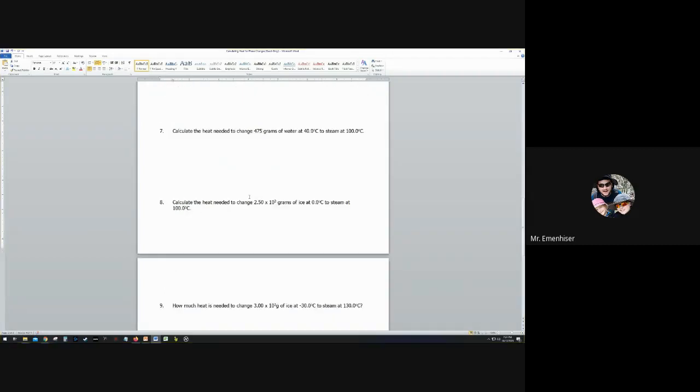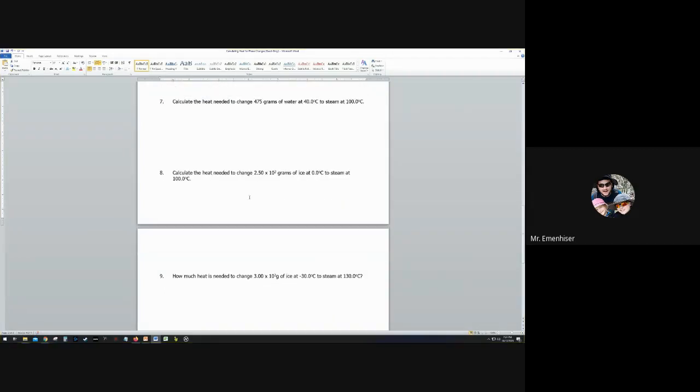I think that's our last one for this stuff. Calculate the heat change needed to change 475 grams of water at 40 degrees Celsius to steam at 100 degrees Celsius. So first we're going to need to take the liquid water at 40 degrees and increase it to 100, and then we're going to need to boil it.